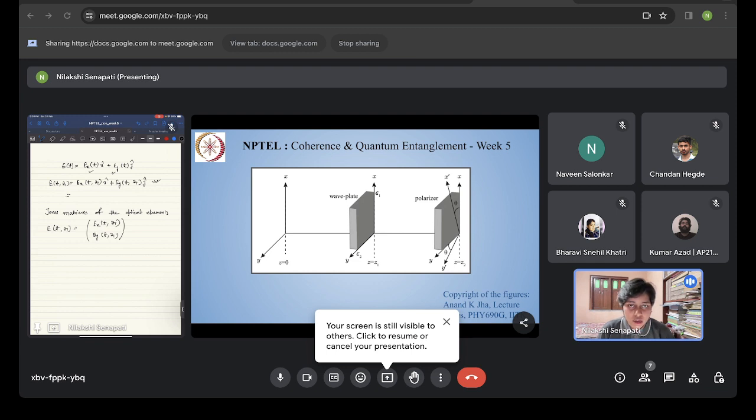If you have any doubt, you can ask. It is not compulsory that you understand everything, but you can have the idea of how we can write the electric field and do operations using matrix formulas or Jones calculus. That will make your life easier to solve problems for the polarization degree of freedom.